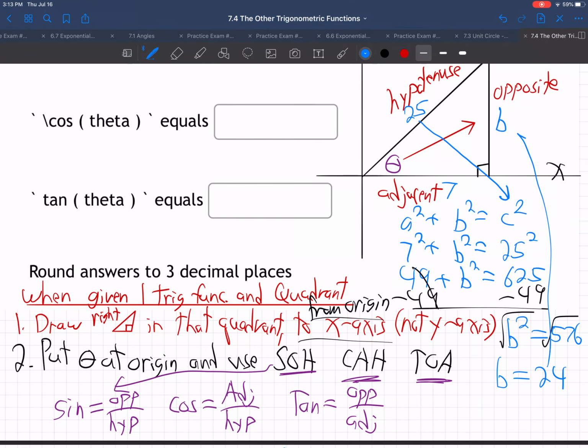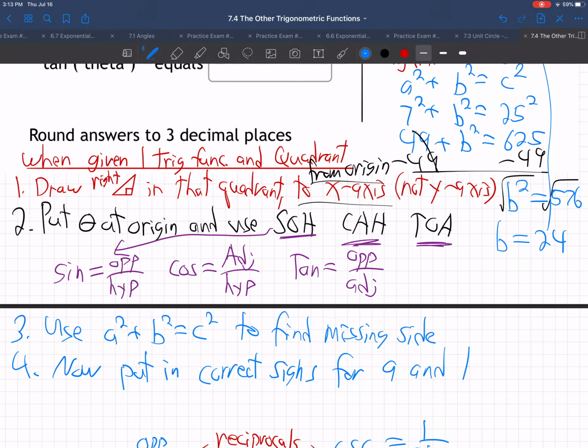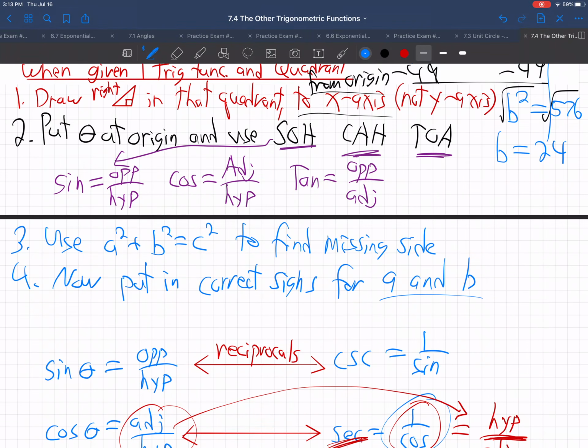So bring that back up here. B equals 24. Now put in the correct signs for A and B. Meaning, what do you mean correct signs? Meaning, remember, this is a coordinate system.